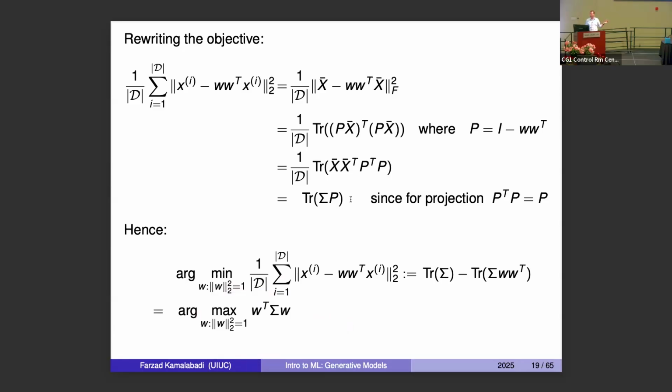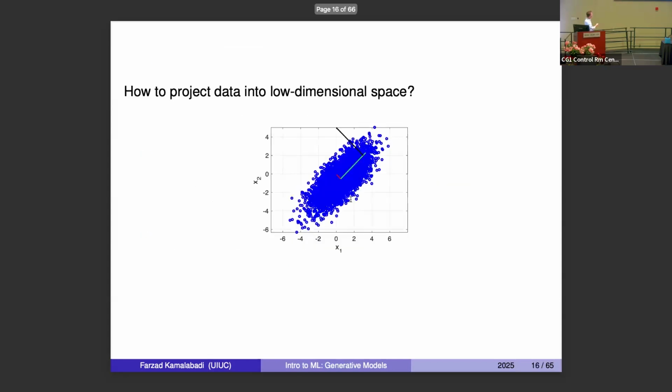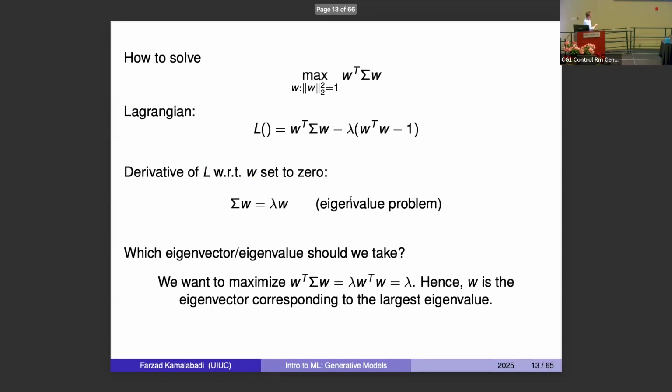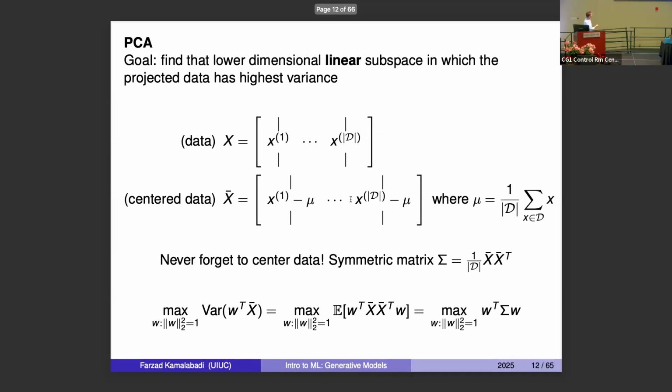It's the same maximization of W transpose sigma W. This is exactly what we had when we set up the problem, this one here. So they're identical. Yes, go ahead.